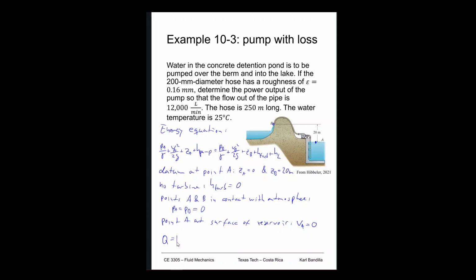So of course from that we can get our velocity, but let's convert our Q first, because it's given to us in liters per minute, but we want to have it in cubic meters per second. So that would be 12,000 liters per minute equal to 12,000 liters. Now there's 1 liter. Other way around. 1 cubic meter is what we're looking for now. 1 cubic meter has 1,000 liters.